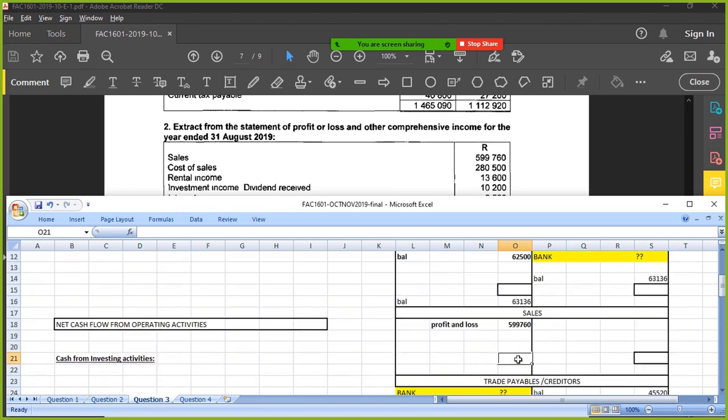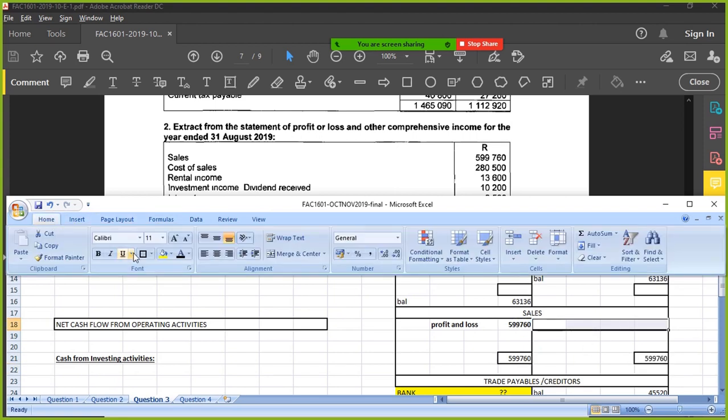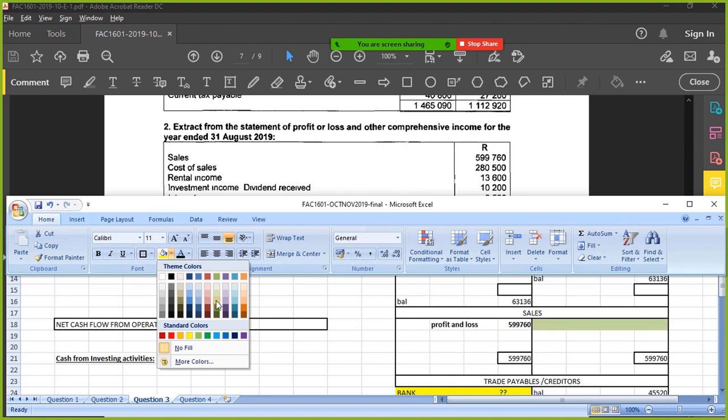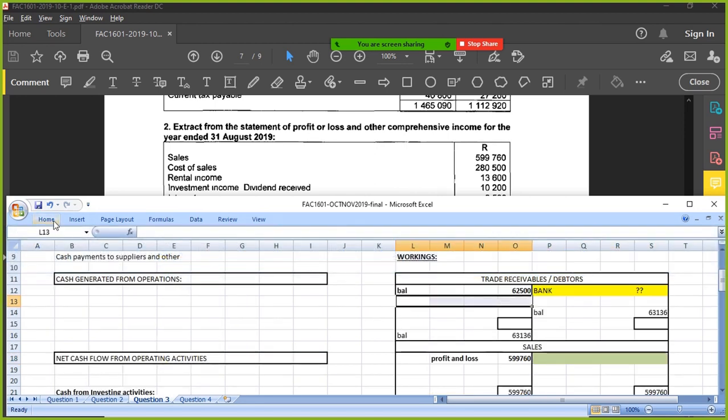Obviously sales will be closed off to profit and loss. This would have affected your debtors. You're completing the accounts basically. You don't even have to show this account because there are no workings for it, but I'm showing it just in case. Sales will increase your debtors.